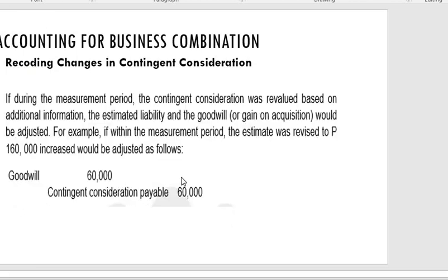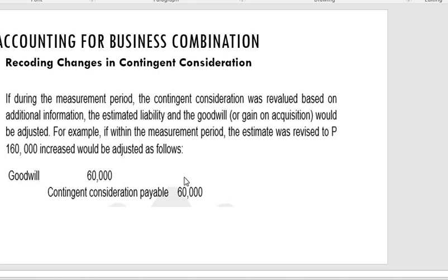So, assuming the illustration kanina, if during the measurement period, the contingent consideration was revalued based on additional information, the estimated liability and the goodwill or gain in acquisition would be adjusted.